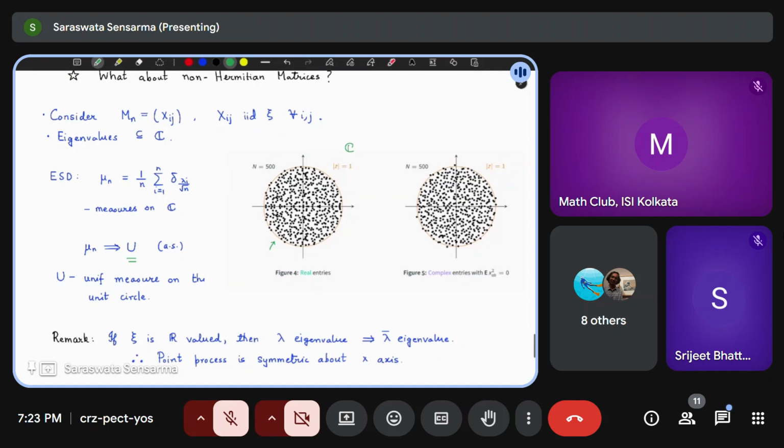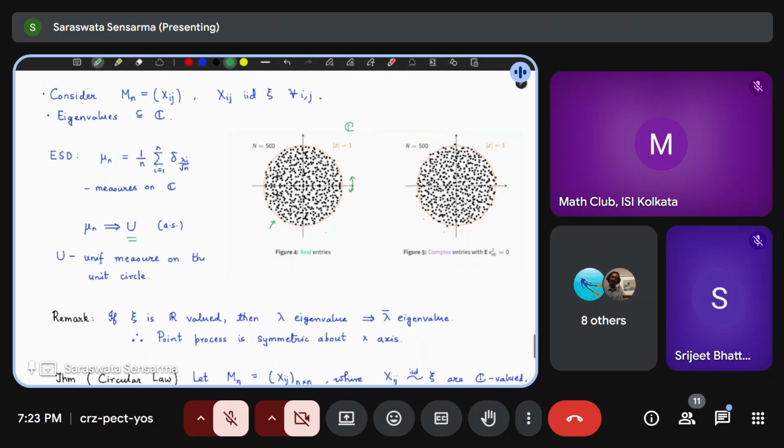And you can notice one thing. In this case, the matrices had real entries. Here they had complex entries. So here the eigenvalues are symmetric about the upper and lower halves, but in general they're not. In the complex case, no such structure exists. And analysis here is much, much more difficult. I cannot emphasize how much more difficult the analysis of these non-Hermitian matrices is, because previously you had a Stieltjes transform and the spectrum was very stable.